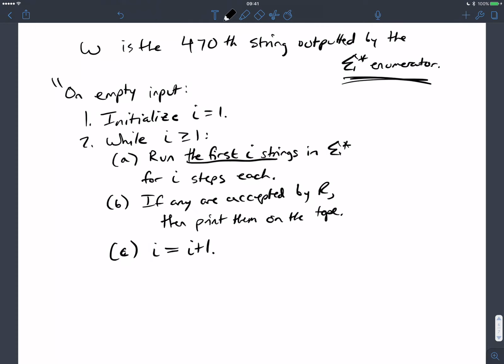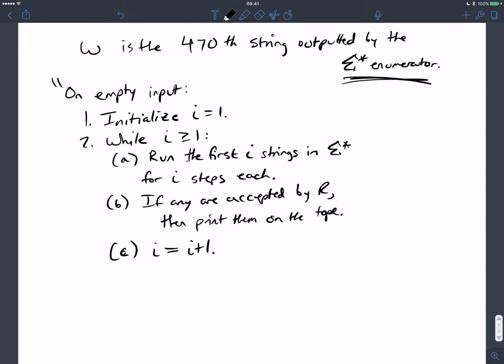So let's make sure that this idea actually works. Suppose that I have some string, and it's the ith string, but it requires I factorial steps or transitions in order to be accepted. It certainly won't be accepted after I steps. But increase I to I plus 1, I'll have another step to go, and it is included in the first I plus 1 strings. Then I go to I plus 2, then I plus 3, then I plus 4.